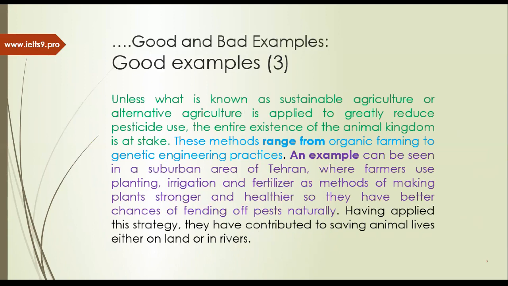Okay? What are we talking about? These methods range from organic farming to genetic engineering. An example can be seen in the suburban area of Tehran where farmers use, etc. So again, we've got a clear idea, developed, extended.